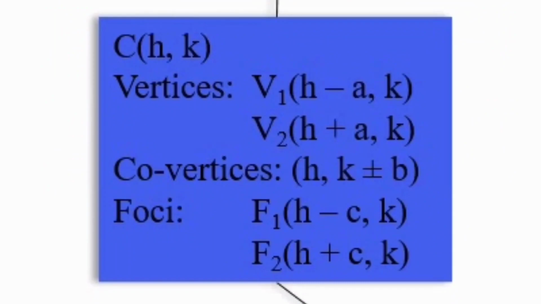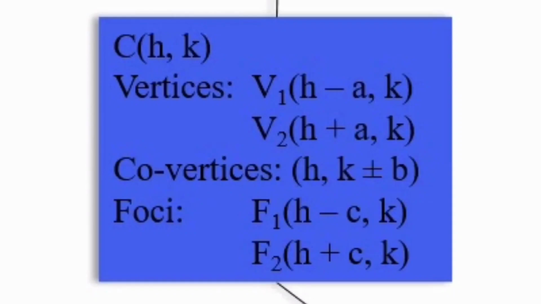For the vertices, v sub 1, that is h minus a, k. And for the v sub 2, h plus a, k. The coordinates of the co-vertices is h, k plus or minus b. Okay, so parang h, k plus b or h, k minus b.